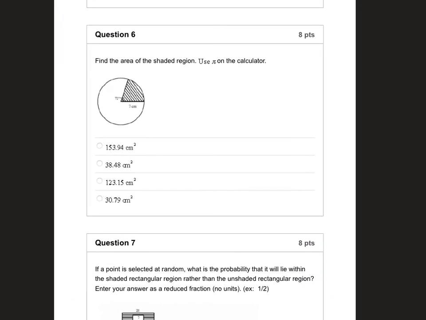Number 6, find the area of the shaded region, use pi on the calculator. So we are back to the area of a sector, which is the measure of the arc over 360 times the area, or pi r squared. So if this is 72 degrees, then I put 72 over 360 times pi times the radius, which is 7 squared.